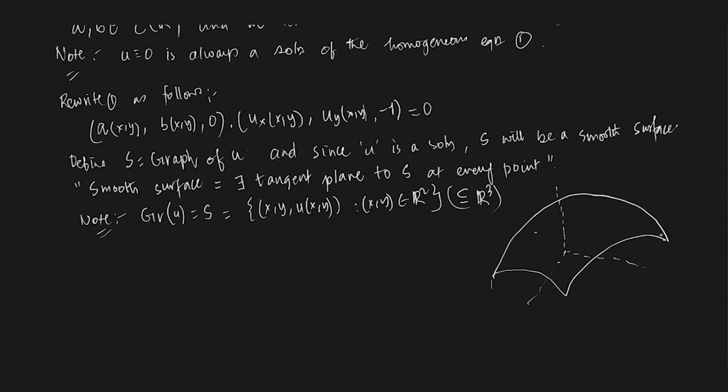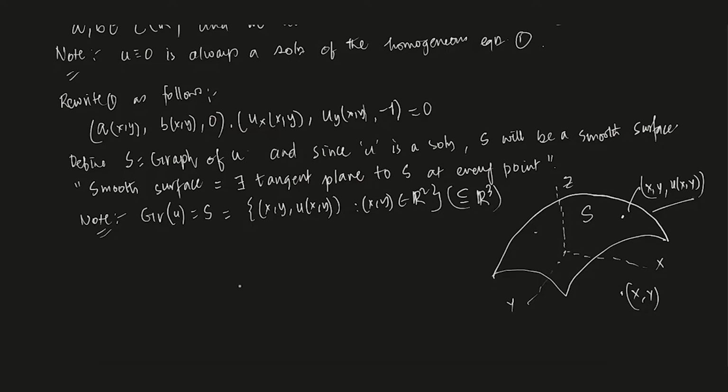So for any point (x, y), let's say this is your xy-plane, the point corresponding to (x, y) in the graph of S, the surface S, will be (x, y, u of x, y). So that's your graph of U.